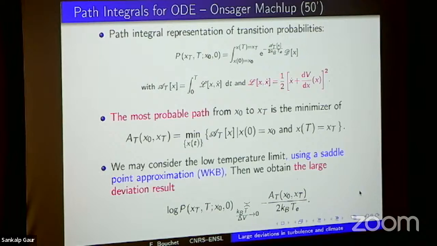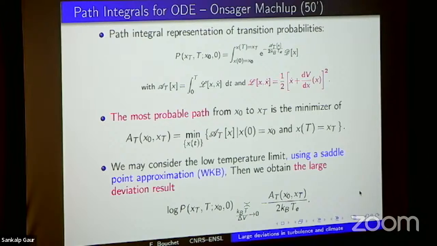Yes? Normally, I would have thought it would be kinetic energy minus potential energy. But here it's dV/dx, the force squared. So I'm confused why it's not the normal kinetic energy minus potential energy. Yeah, in quantum mechanics you are right, it's kinetic energy plus potential energy for the simplest case. But here we are not writing the action for a quantum process.